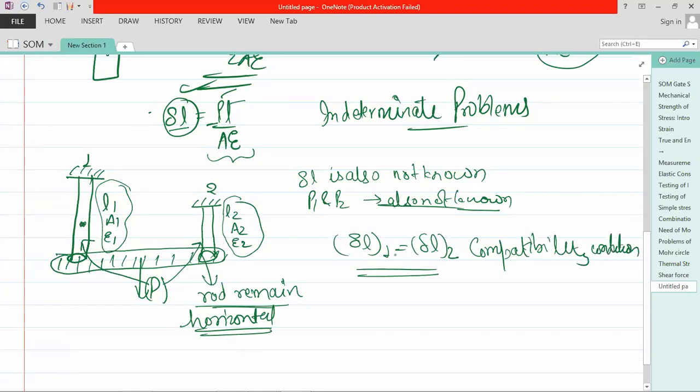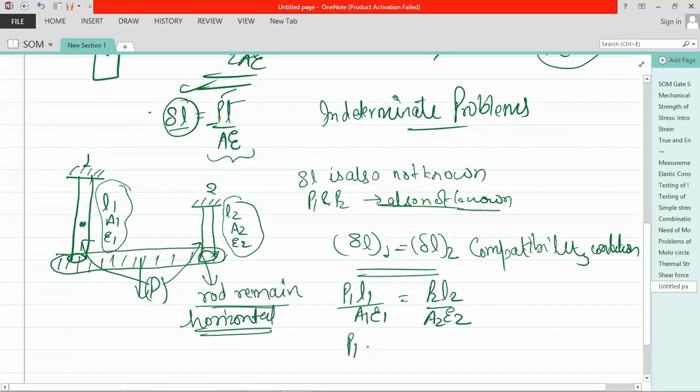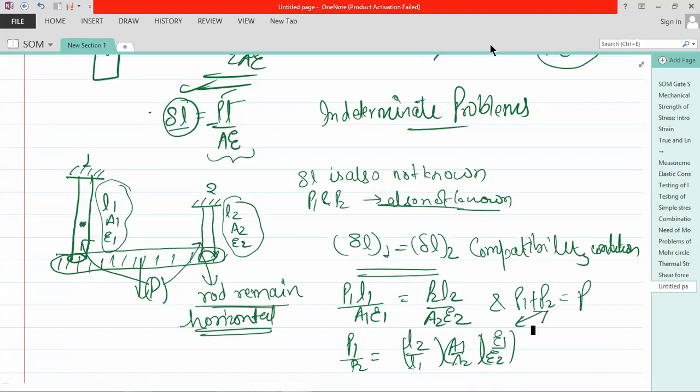Now delta L of one, P1 L1 upon A1 E1, is equal to P2 L2 upon A2 E2, and in this form we obtain the P1 and P2 relation, that is L2 by L1, A1 by A2, E1 by E2. And we know P1 plus P2 is equal to P. So we have two equations and two unknowns, and we can solve for P1 and P2. This is the first indeterminate problem that needs to be solved with a given condition.